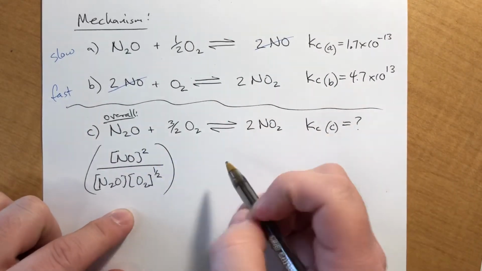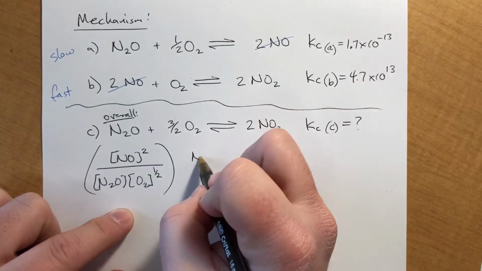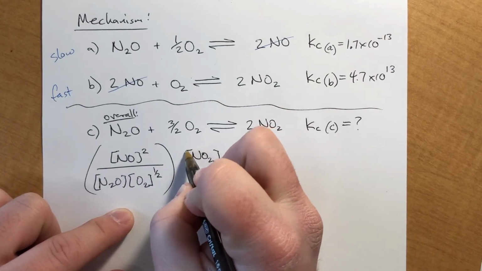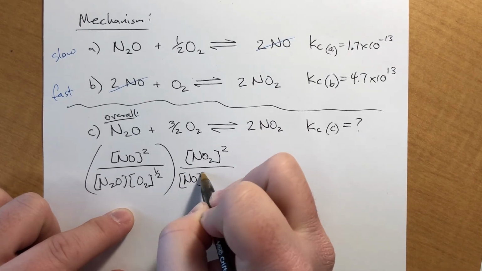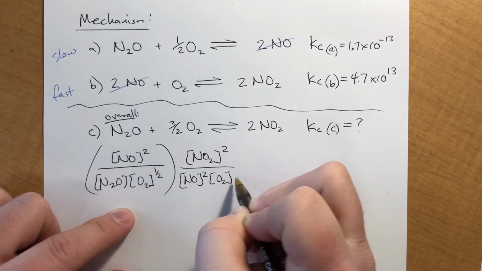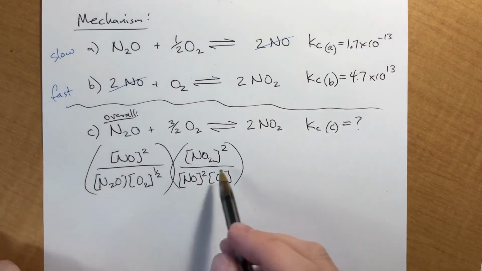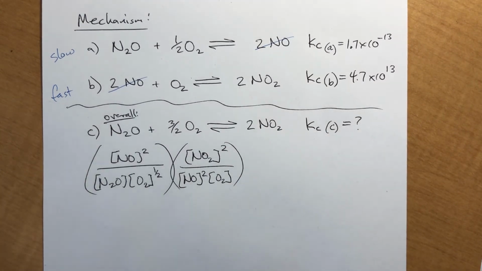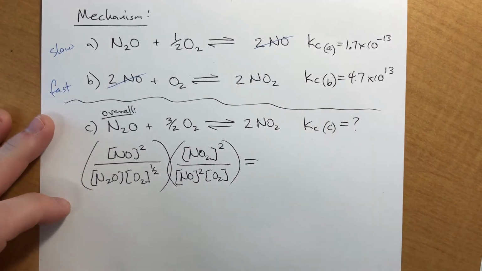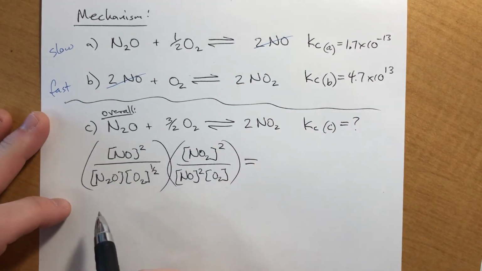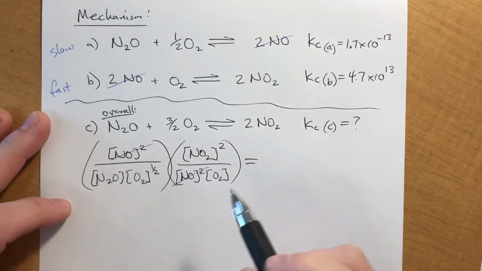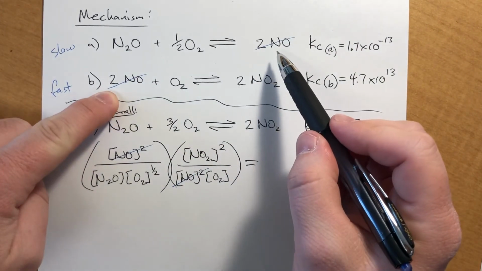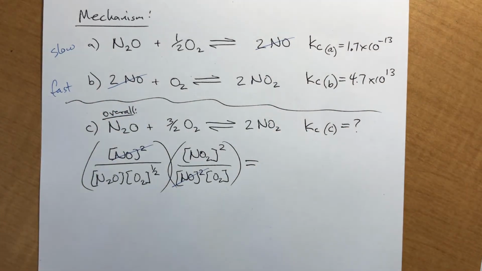And if we have the second one, it's going to be NO2 squared divided by NO squared and O2. It turns out that if you multiply these, you should get something useful. The only thing that should cancel out is NO squared and NO squared. And not by coincidence, it's the same thing we crossed out up here. Okay?